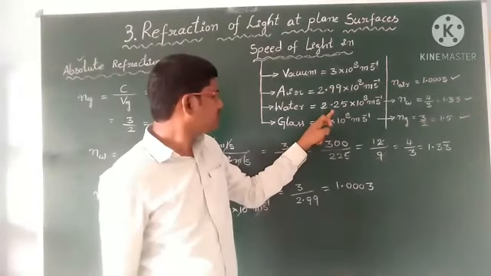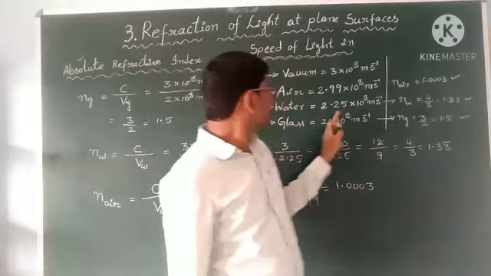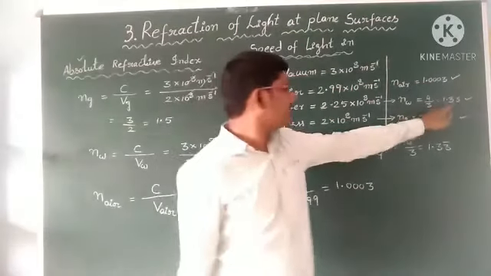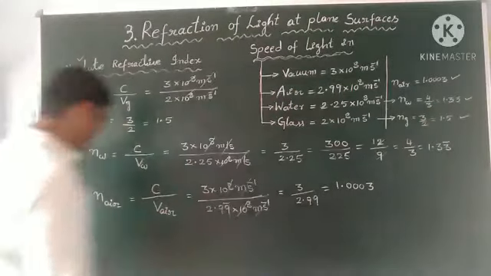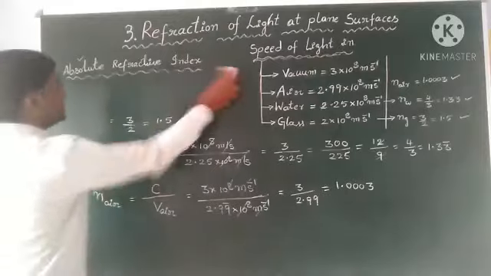Since its speed is more, its refractive index will be less, because of the formula for refractive index.